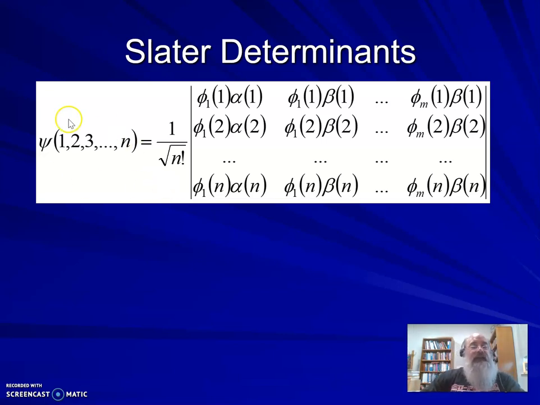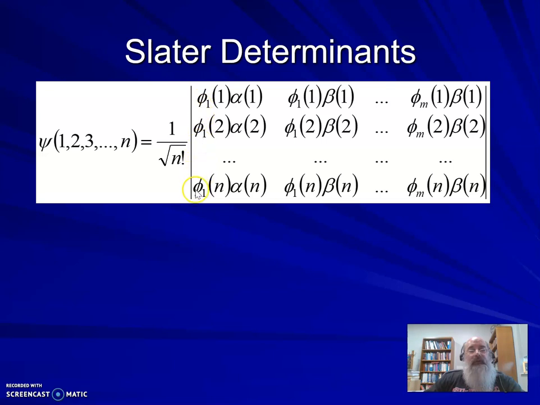We could set that up and say that the total wave function for a particular atom that has a certain number of electrons, however many they are, is 1 over n factorial times the determinant of a matrix that's made of putting each electron into a particular orbital.